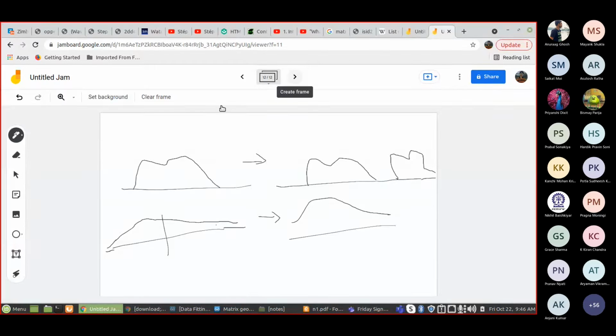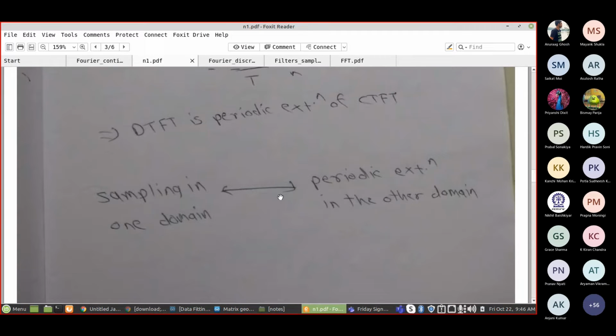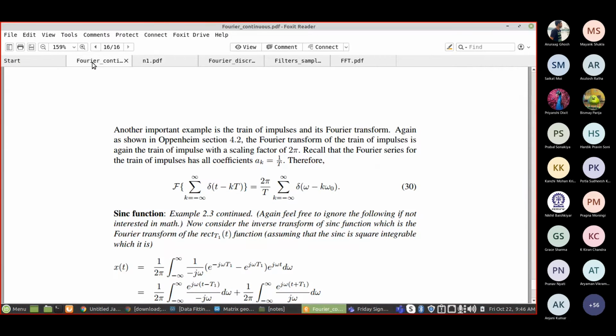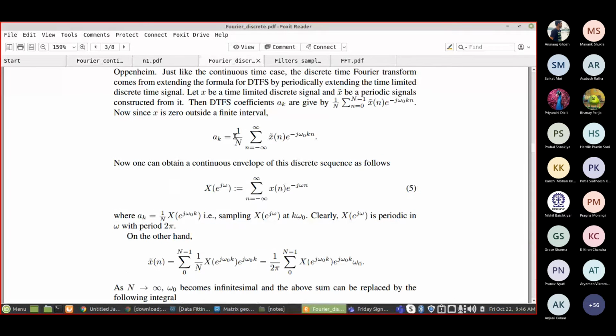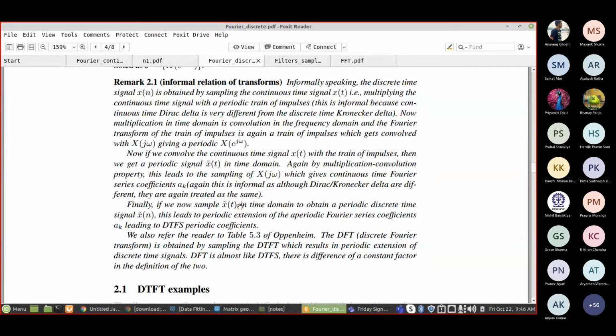So with this property, we can interpret various transforms with one another. Let us try to understand our four transforms. We have Fourier series for continuous time periodic signals.